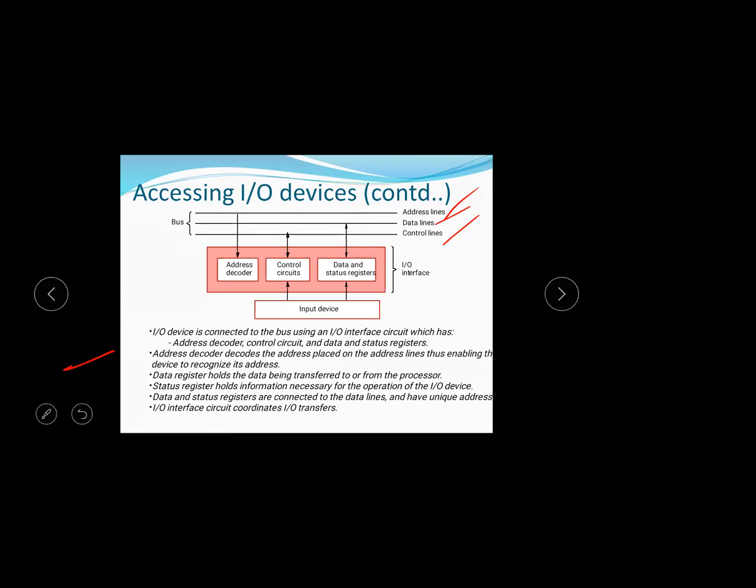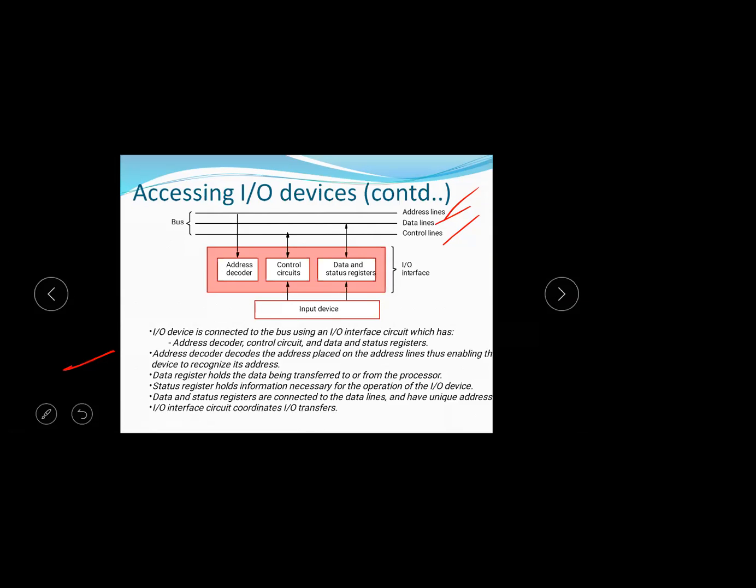Similarly, if you want to communicate with an IO device, like a keyboard, a monitor or a printer circuit, we connect it to the processor of the computer. 99% of all IO devices are electromechanical devices.